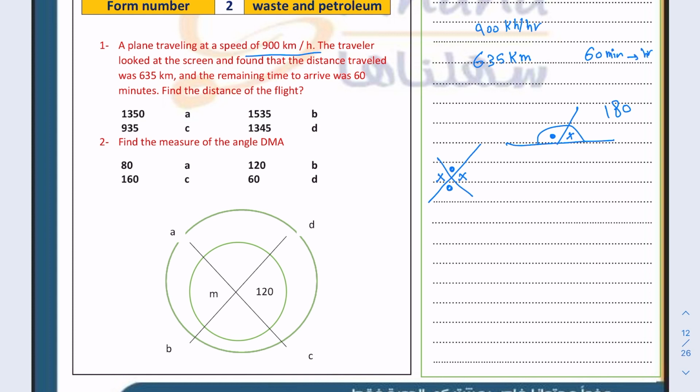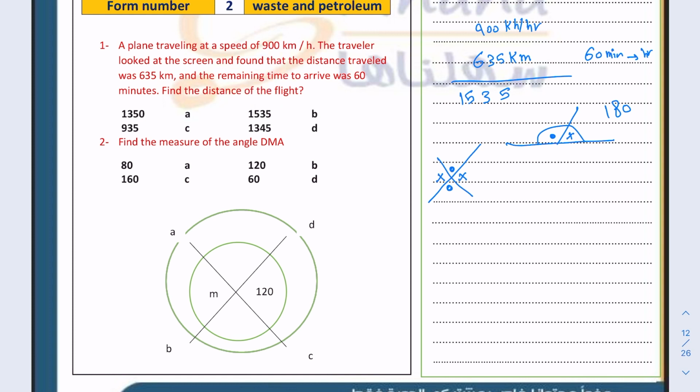So I still have 900 kilometers. What is the total distance? I will add 5 plus 0, 5; 3 plus 0, 3; 6 plus 5, 15. It will be letter B.